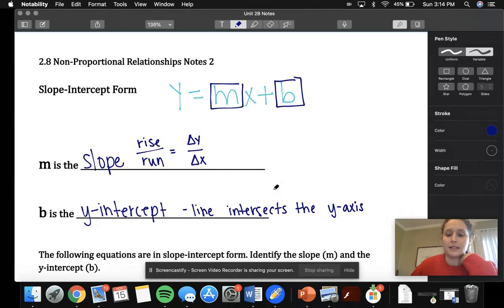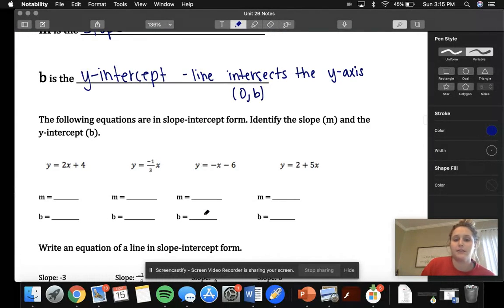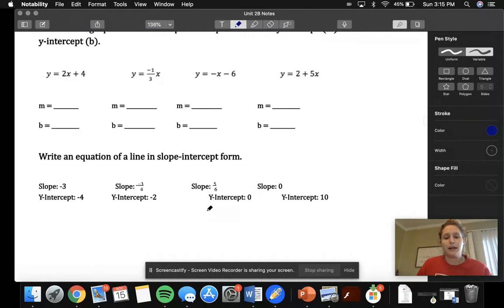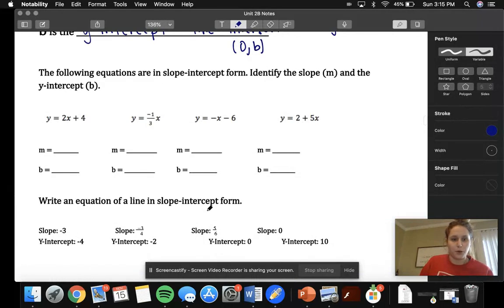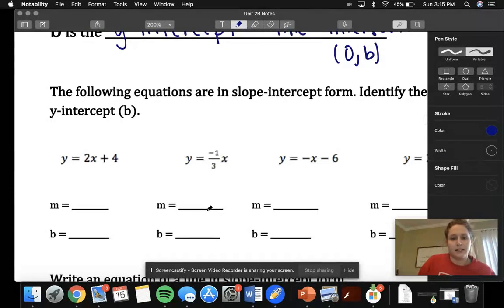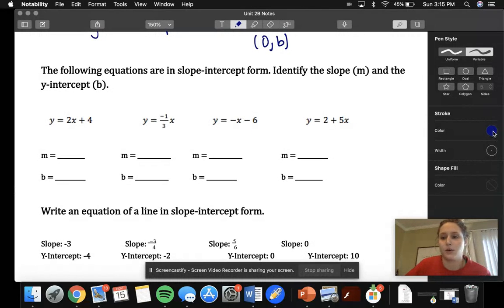Okay, so our y-axis is up and down, and mathematically it is 0, comma, whatever the value is as an ordered pair. So first, we're just going to make sure we feel comfortable with identifying our slope and our y-intercept. We did this last time, writing equations, and then the meat of it is on the next page. So first, we just want to identify the slope and the y-intercept of these equations.